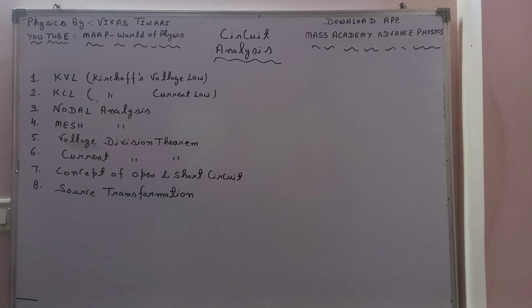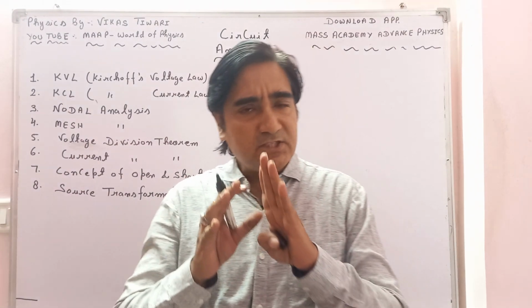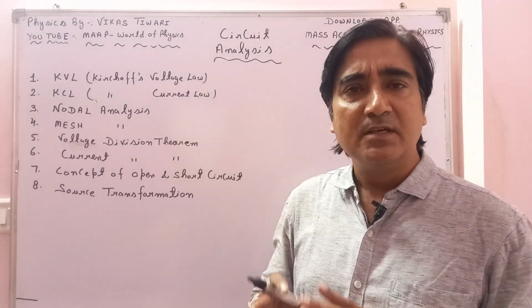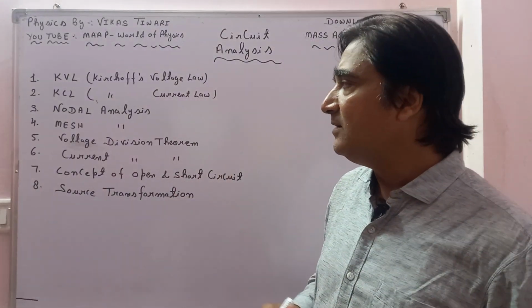These are the 8 things which are very necessary if we want to study the basic concepts of circuit analysis further. I will discuss all of them one by one.